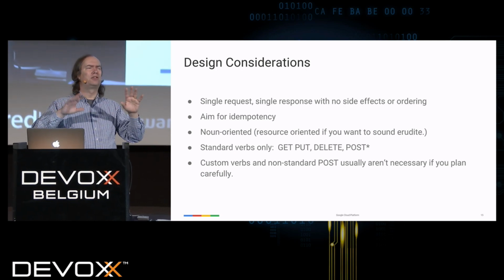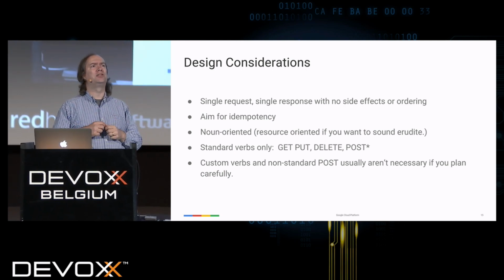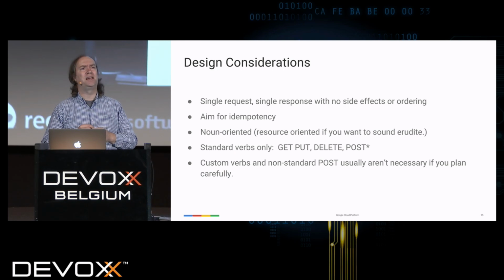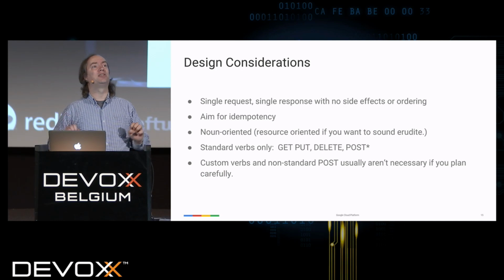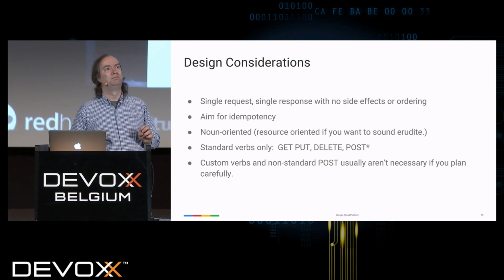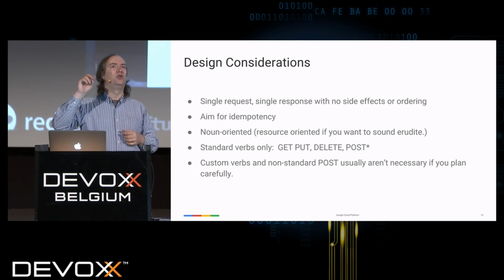The tough one is some sort of patch or merge operation. Sometimes that comes up when you want to update pieces of an object. Even there, more often than not, I find that if you need that, it means you haven't designed your URLs properly. One tip is you can have URLs both for things and parts of things.